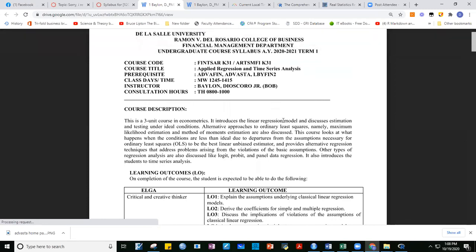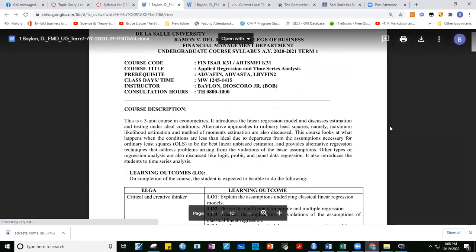We're going to learn that 60% of the time will be focused on linear regression. A regression model seeks to establish the relationship between your explanatory variables and your response variables, or dependent variable and independent variable.